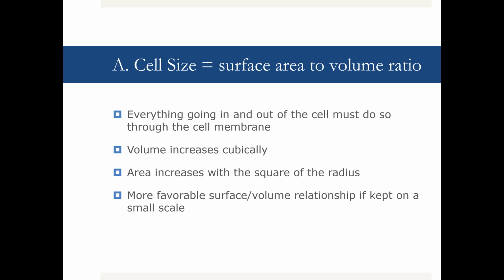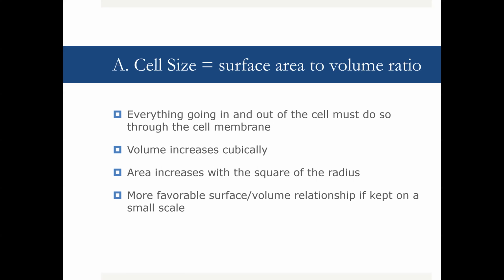So if you have something in the center of the cell that requires oxygen, which everything requires, and has to get rid of waste, then you have a long distance to traverse to get to the surface area.